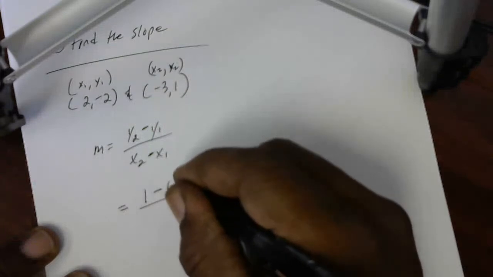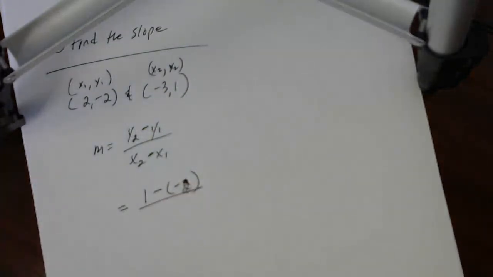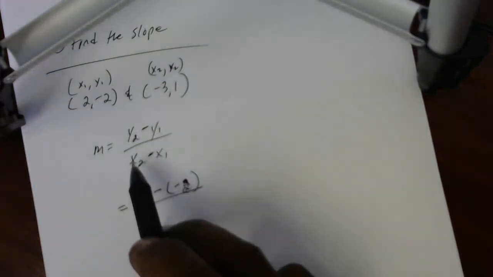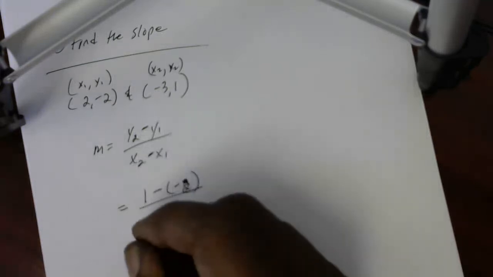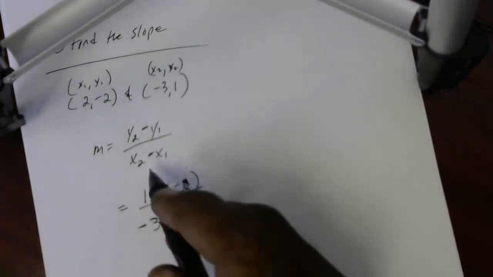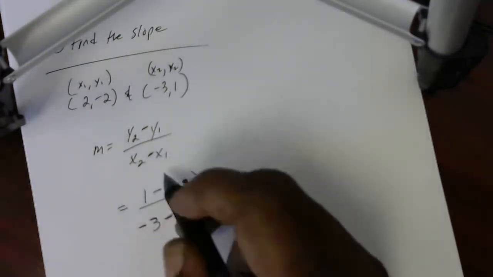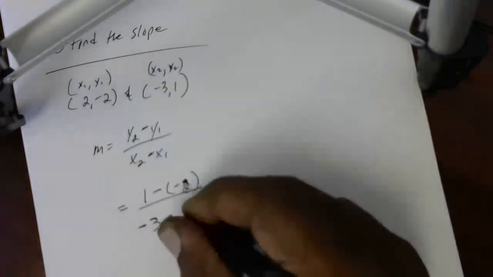So I have to be careful and make sure I substitute in a -2. Divided by x sub 2, which is -3, minus, because that's a part of our formula, x sub 1, which is 2.